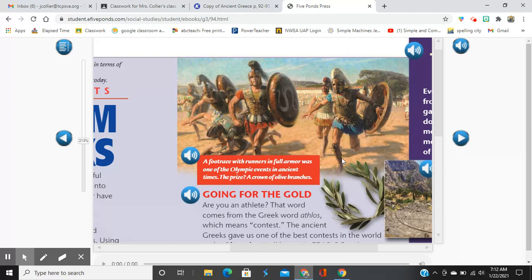I ran track back in high school, and I can't imagine having something like that on my legs while I was running. So it changed the way the runners trained, and it would have been very different compared to how we run. They might have thought today's races were easier. I don't know.